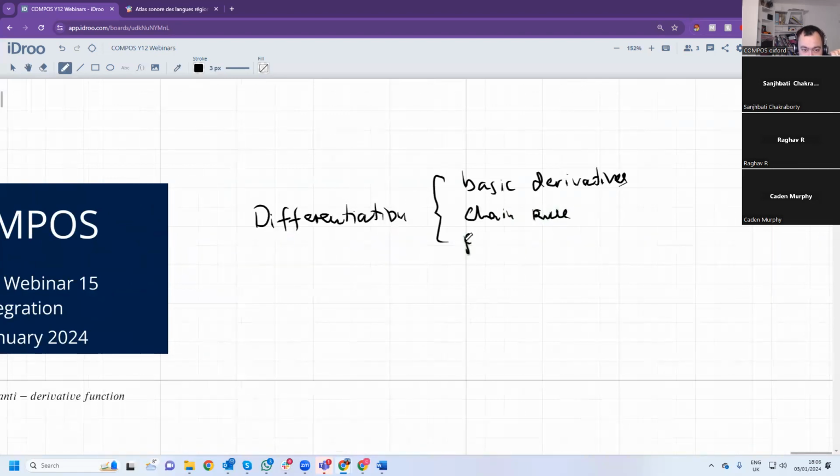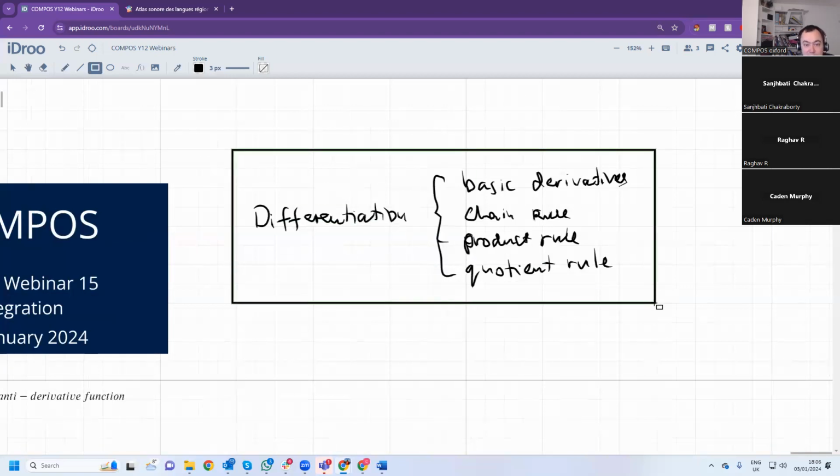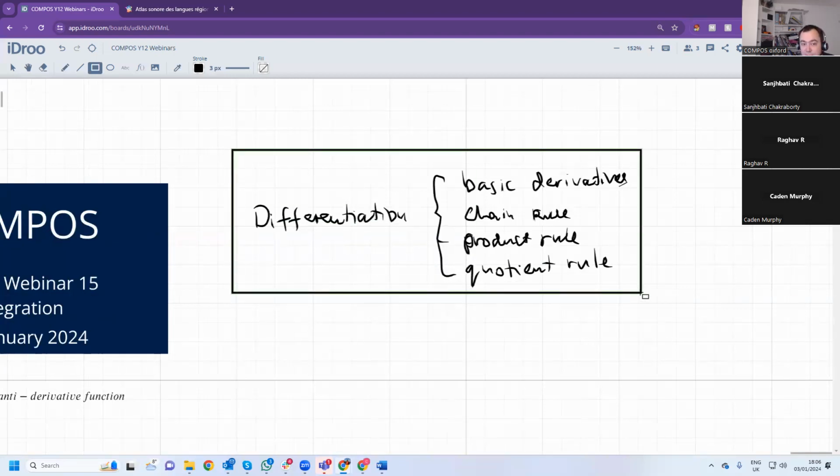You need to know the product rule, and you need to know the quotient rule. Now, if a function has a derivative, you will be able to find that derivative using one of the four, well, usually a combination of these four. So differentiation in that respect is very simple.